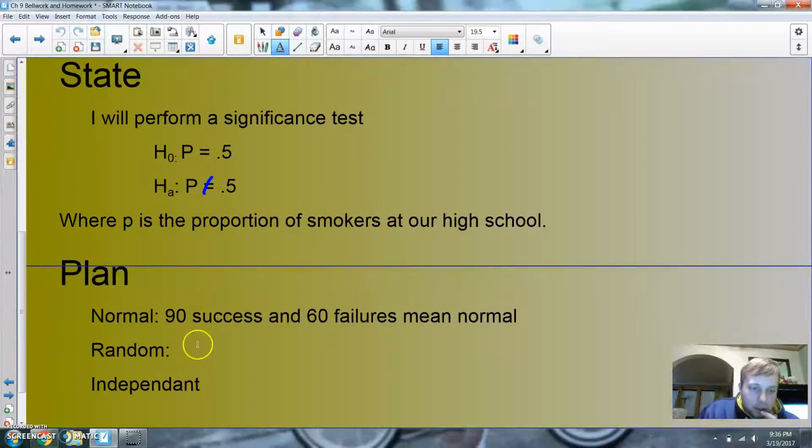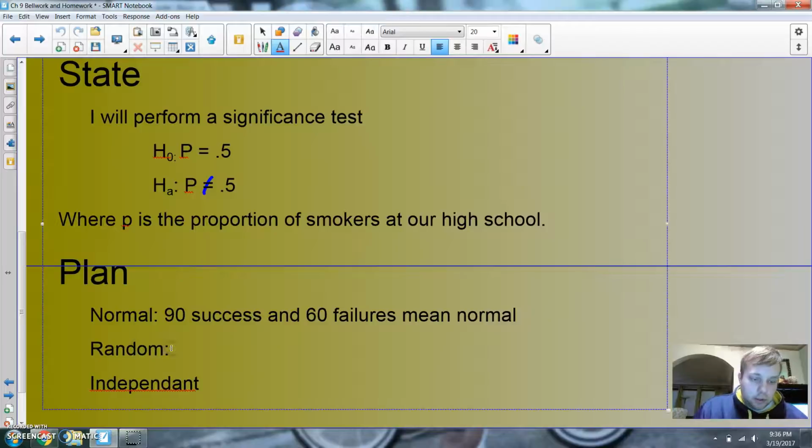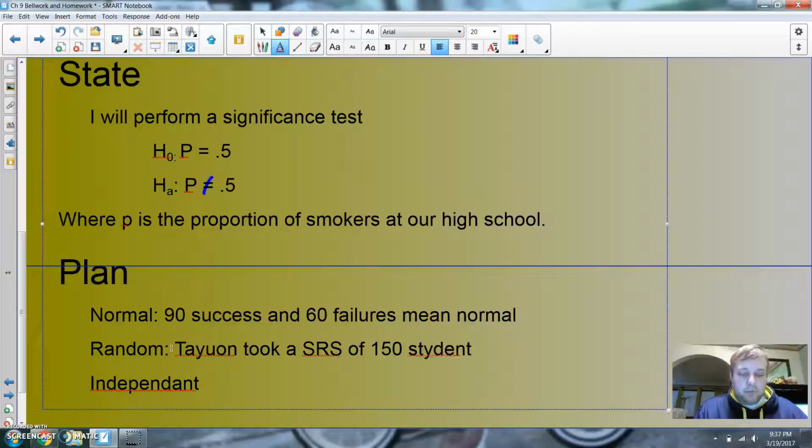I took a SRS of 150 students. Okay, and then independent.